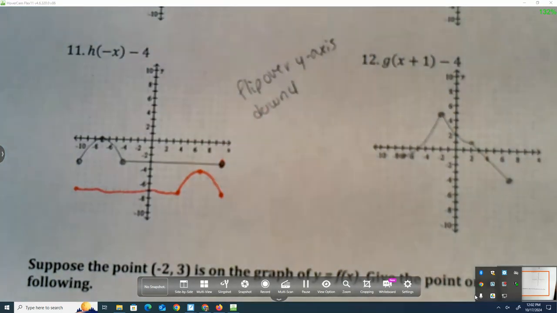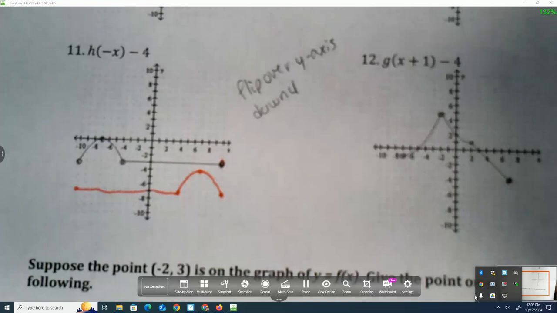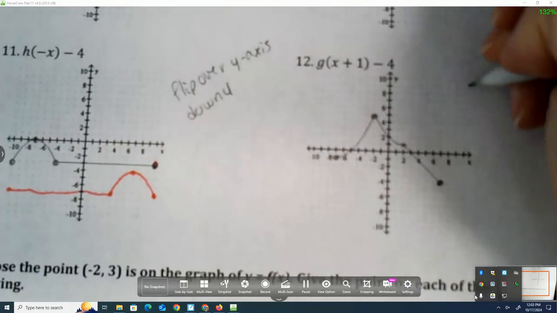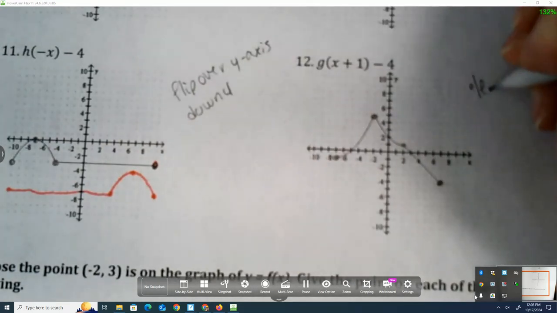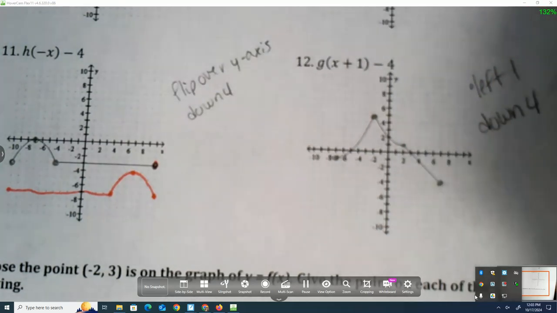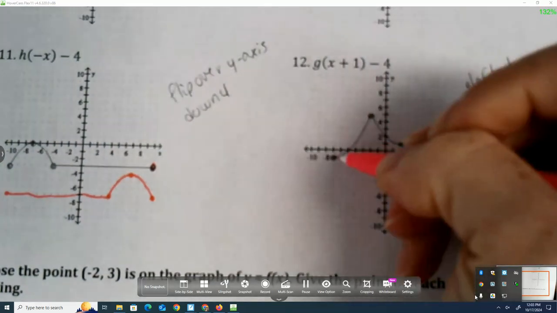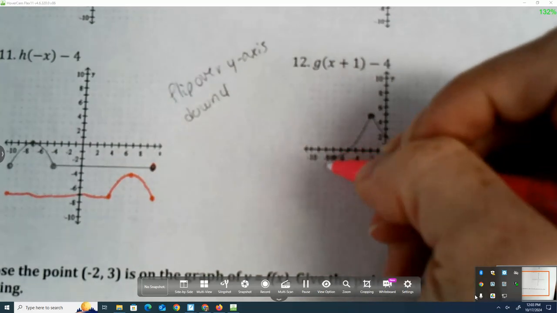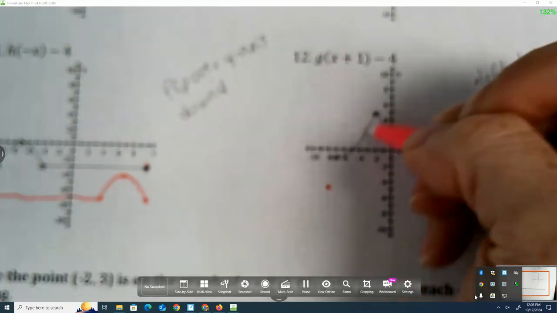All right. Last one. What will that +1 do? And the -4 is down 4. Okay, so take each point left and down.